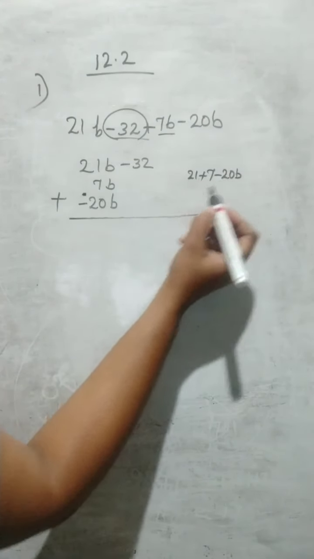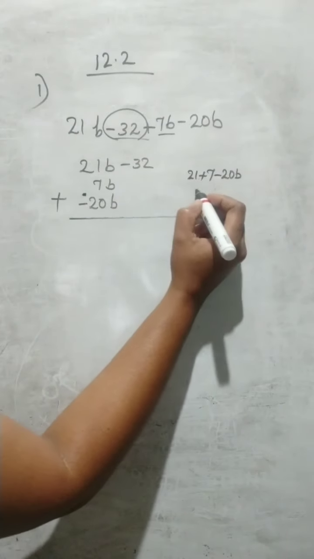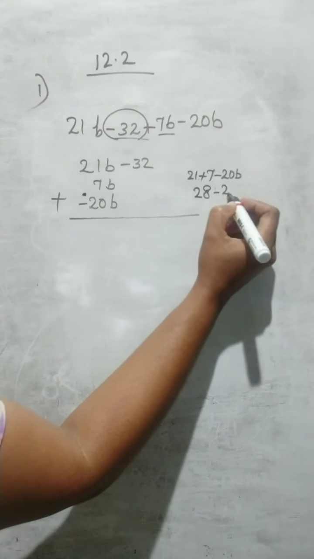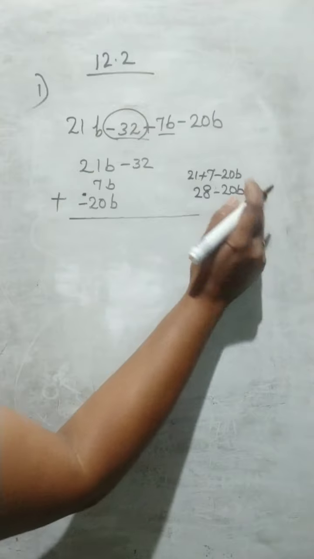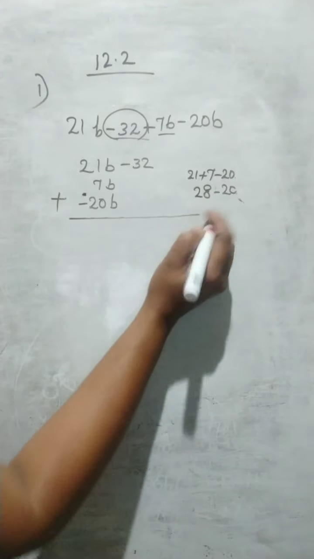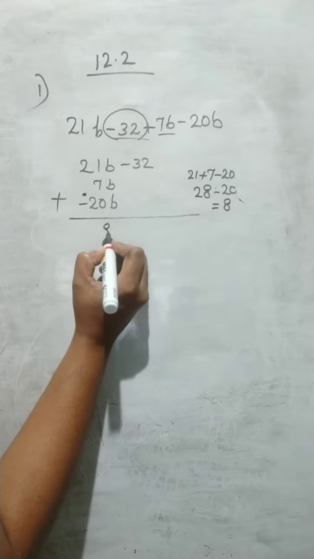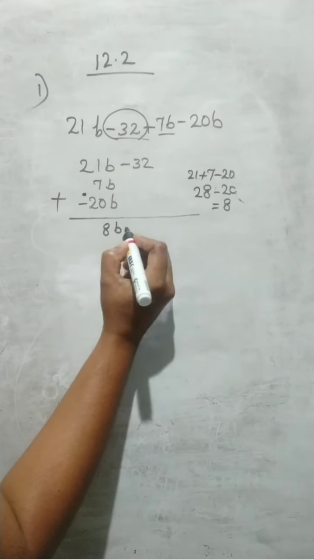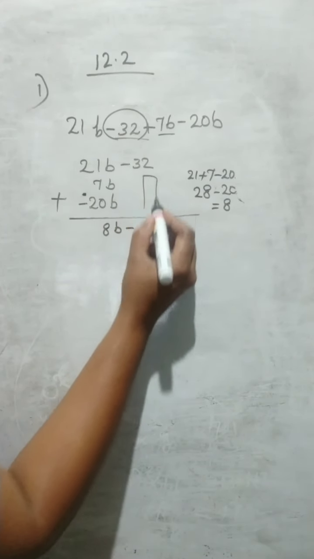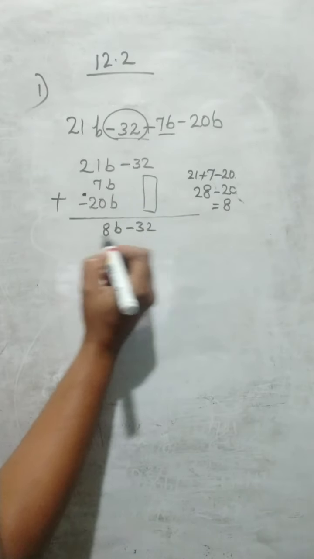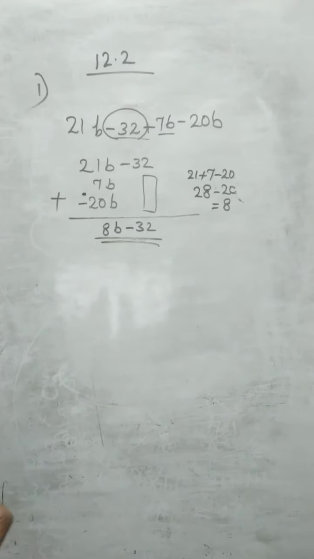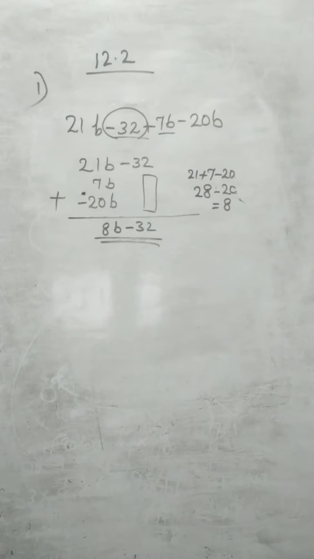That is 21 plus 7, 28. 28 minus 20 is equal to 8. So 8b minus 32. Nothing is there to add or subtract, so write that number itself. So the answer is 8b minus 32.